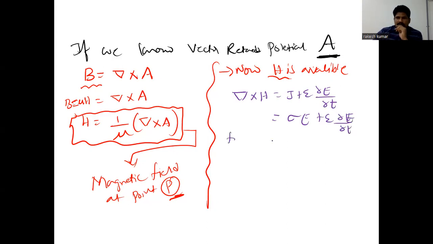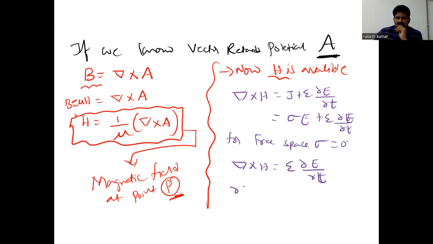Okay, for free space, sigma is equal to 0. Therefore, del cross H is equal to epsilon times dou E by dou t.